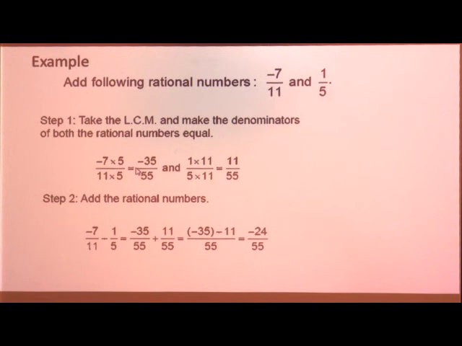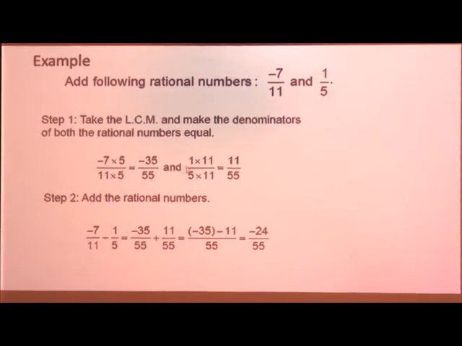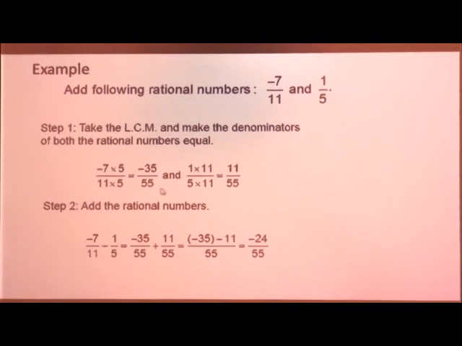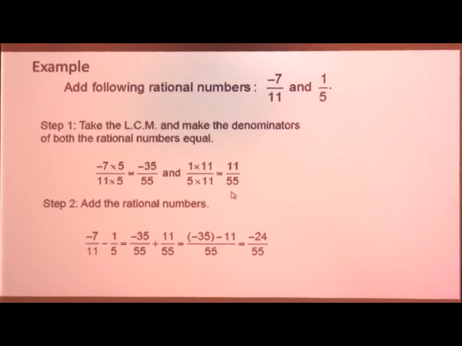So, what will be here? Minus 35 upon 55, and 1 upon 5, which is another rational number, multiplied by 11 and 11. So, it will be 11 upon 55. Now, here both the denominators are the same, we can go for the operation. Here we have an addition. So, what will be our step?